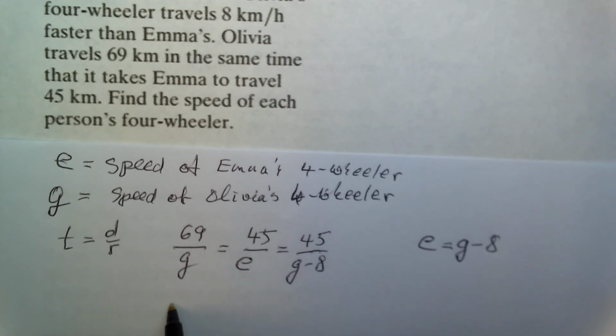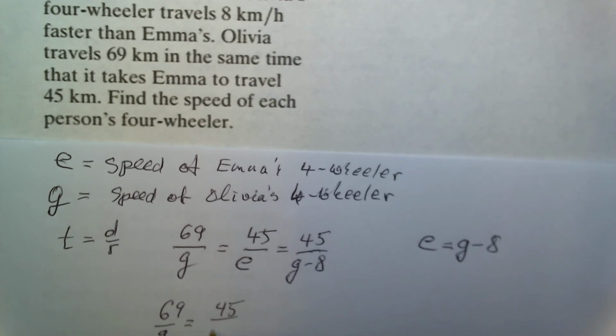So we have the proportion 69 to G equals 45 to G minus 8. So we cross multiply. So we get 69G minus 552, which is 69 times minus 8, equals G times 45, or 45G.